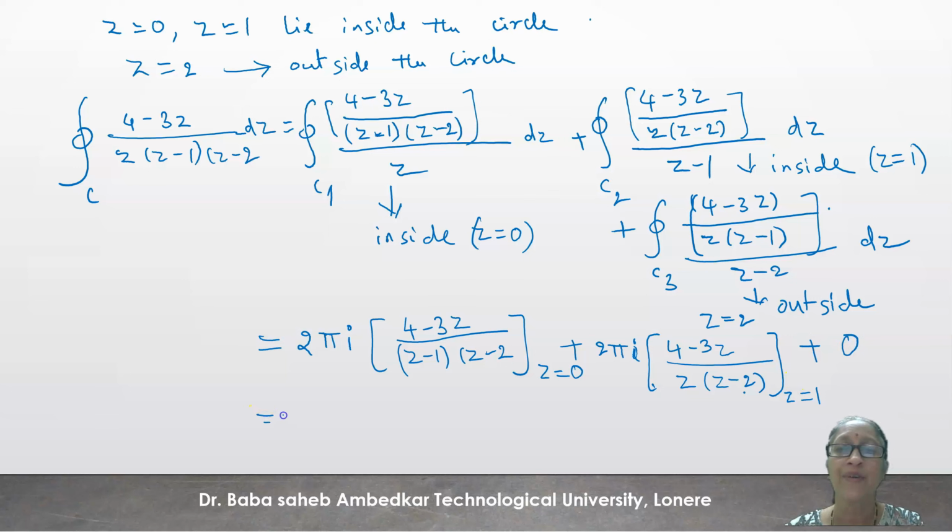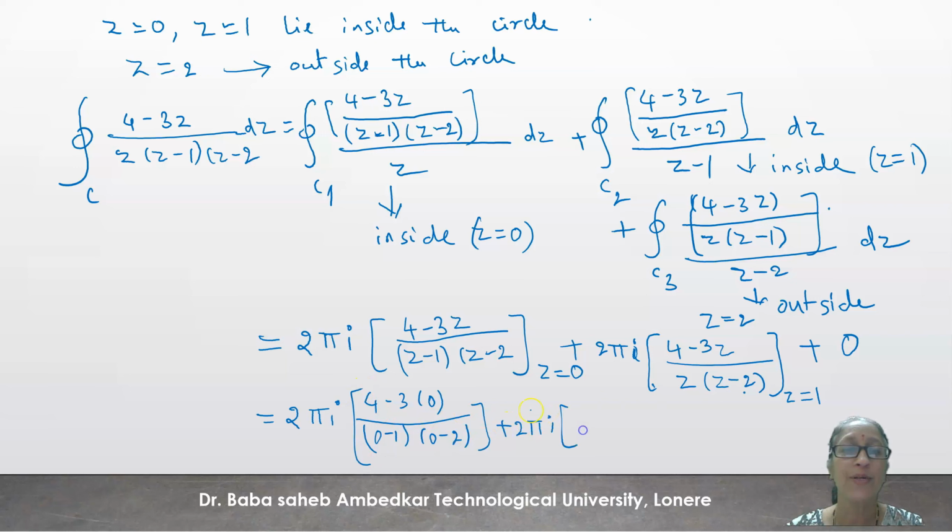Now let us simplify. So what do we get? Here 2 pi I into (4 minus 3 into 0) upon (0 minus 1) into (0 minus 2), putting z equal to 0. Plus 2 pi I, here put z equal to 1, so (4 minus 3 into 1) upon 1 into (1 minus 2).